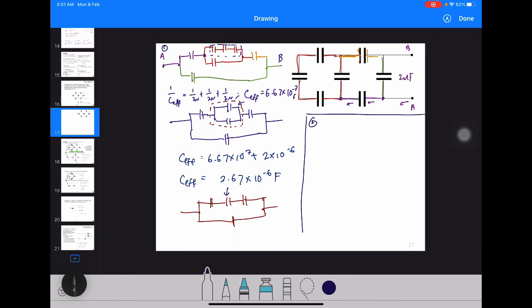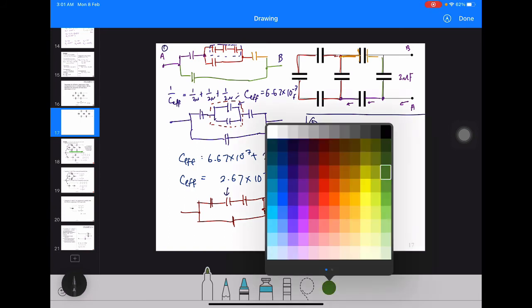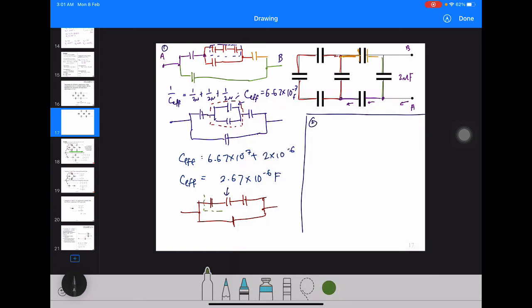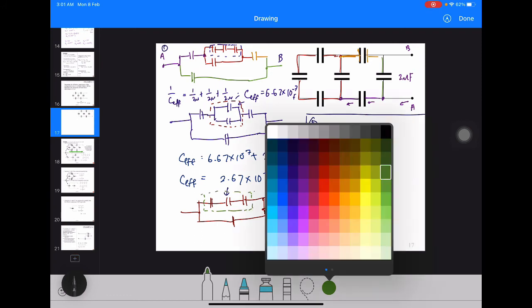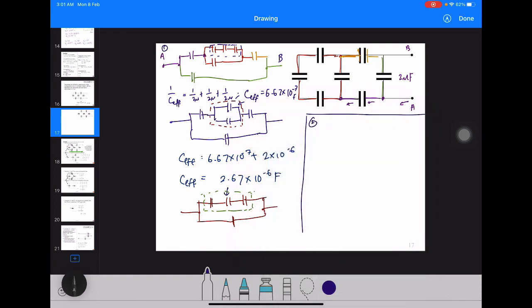Okay, I have 2.67 over there, and I want to calculate all these three. These three are in series, which means I can calculate using 1 over C effective equals 1 over 2 micro plus 1 over 2.67 micro plus 1 over 2 micro.